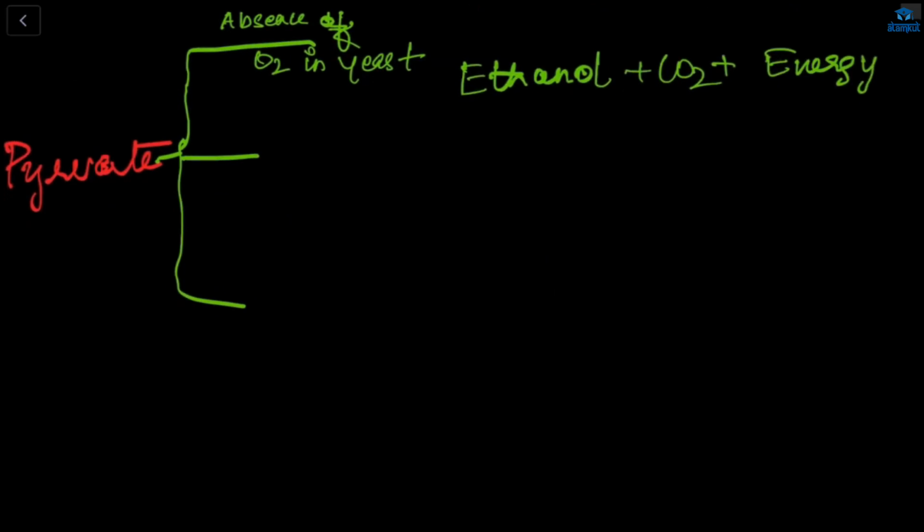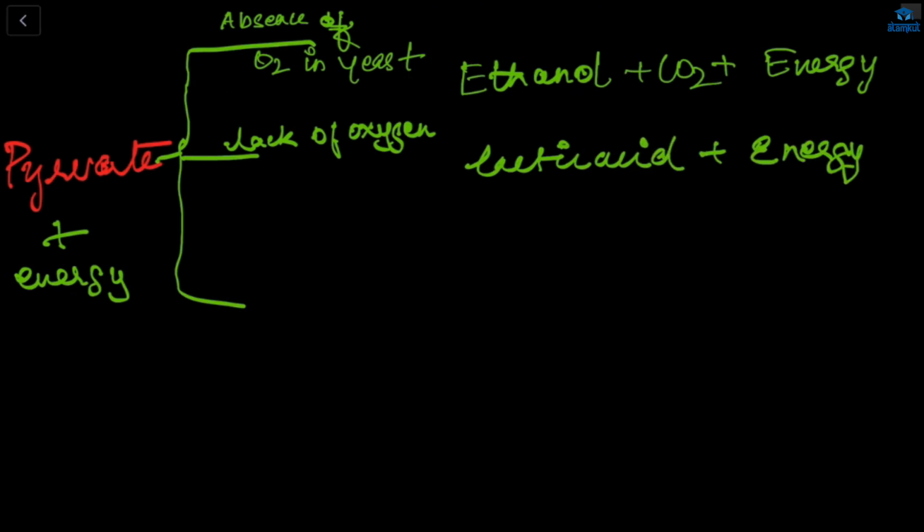Here there will be formation of energy also. Okay, and in our muscles, when we do vigorous exercises, there will be lack of oxygen, right? So at that time, this pyruvate will be broken down into lactic acid and energy. This will happen in our muscles.